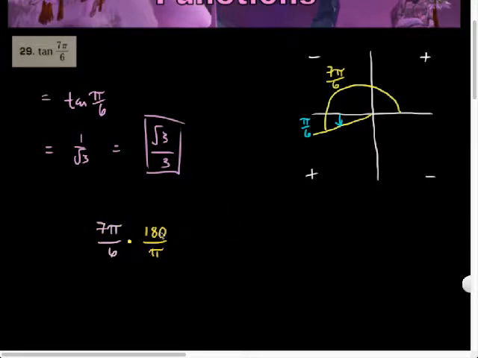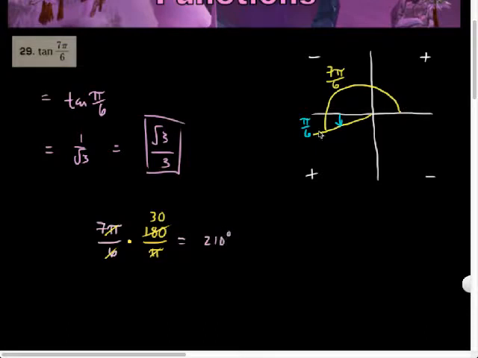Usually you can think about it and try to figure it out using other ways as well. So if I multiply across here, the pi's cancel out, as I said a moment ago. 6 goes into 180 30 times, and I'd have 7 times 30 left over, so that's the same as 210 degrees, which is what we were talking about here.